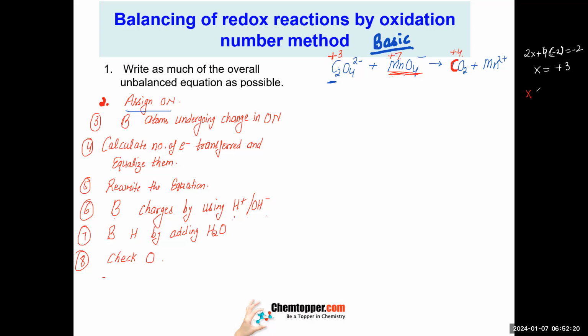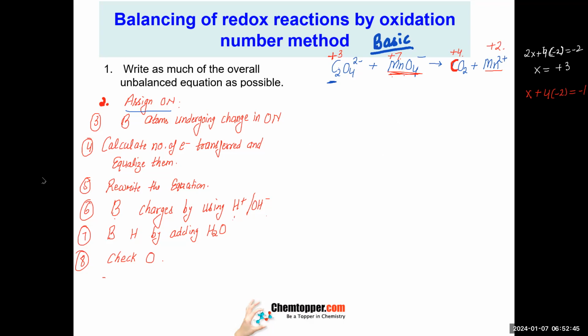Manganese is X, 4 times minus 2 is minus 8, and the charge is minus 1. Get the value of X. Very good. And this manganese is already a monoatomic ion, so it is plus 2. So assign oxidation number done. Oxygen is not showing any change in oxidation number. It's minus 2 on both sides, so I didn't assign it.